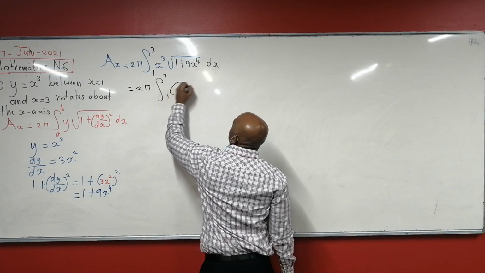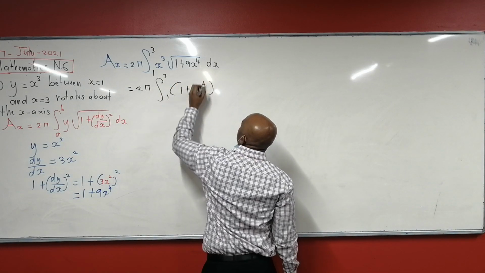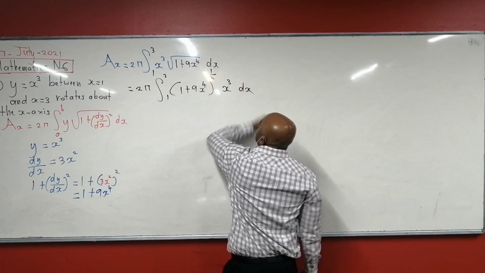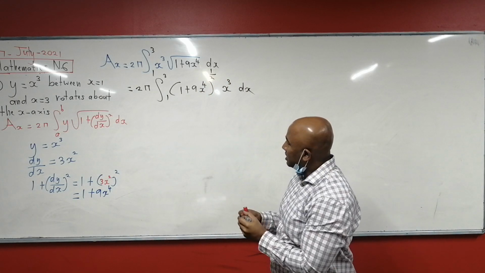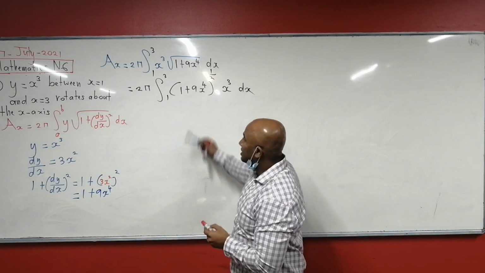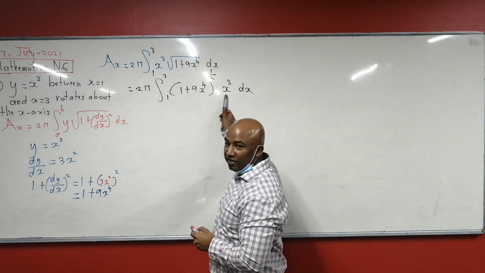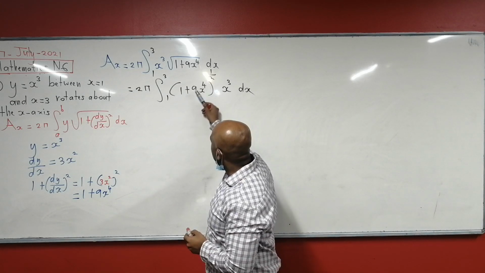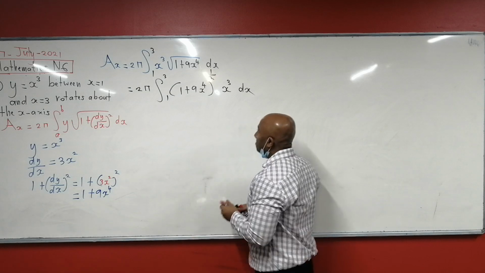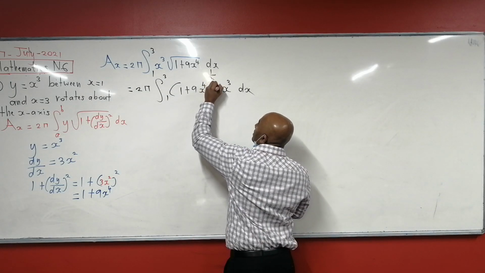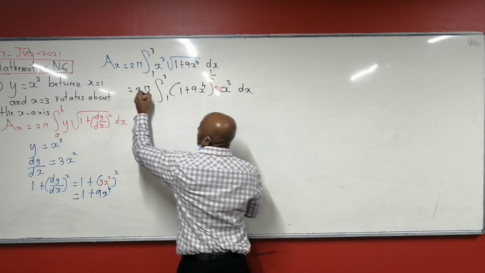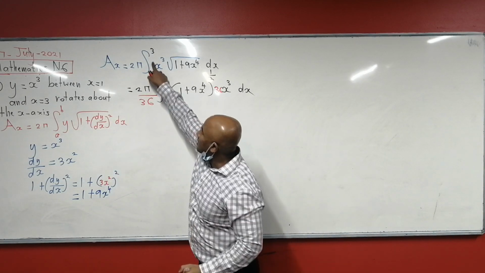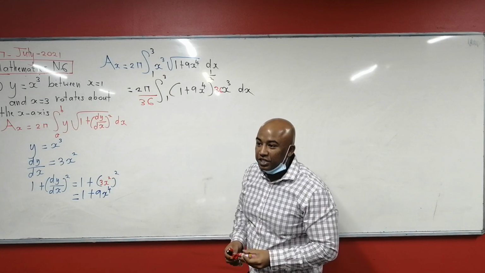So I've got my 1 plus 9x to the power 4 all raised to the power half multiplied by x cubed dx. Now you can see it much more clearly. This is my f of x. This is f prime x. The derivative of 9x to the power 4. 9 times 4 is what? 36. So if I put a 36 there, I must divide by 36 because 36 and 36 will cancel. It will give me my y. That is integration by inspection.